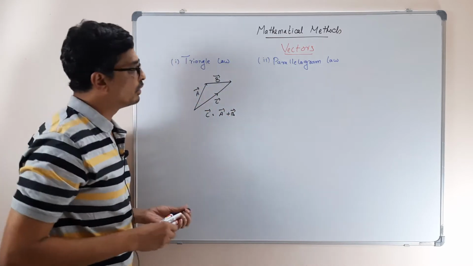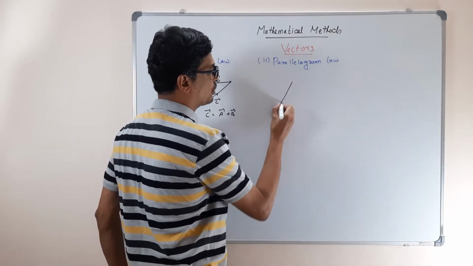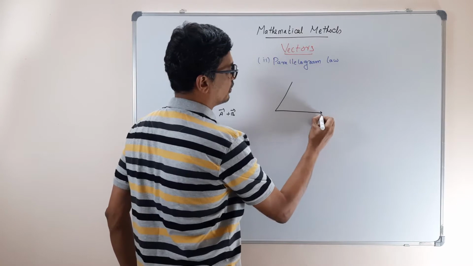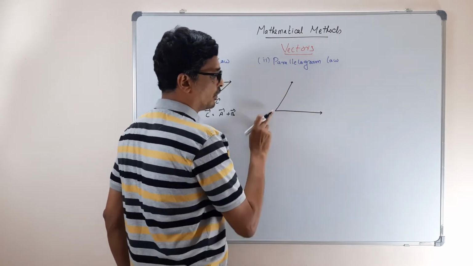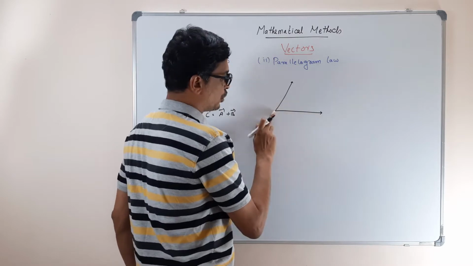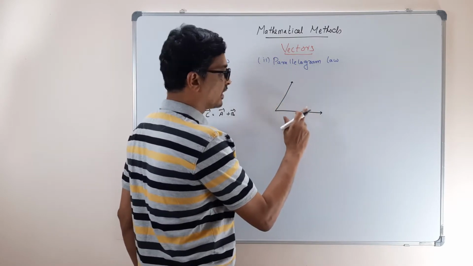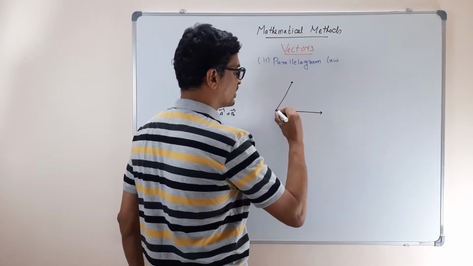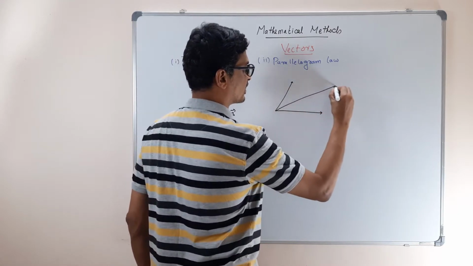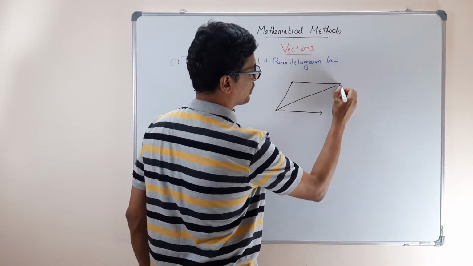Similarly, we did for the parallelogram law. In the parallelogram law, what happens if you connect two vectors? This is the tail and this is the head, correct? If you join the tails of two vectors, the resultant vector will be along this direction. And how can you construct it? Draw a parallelogram.